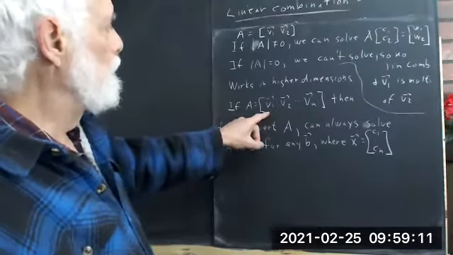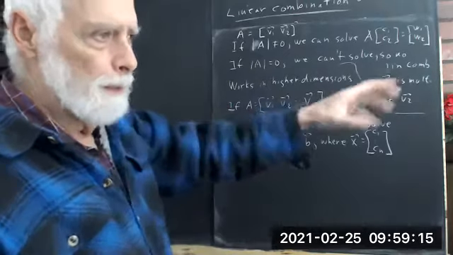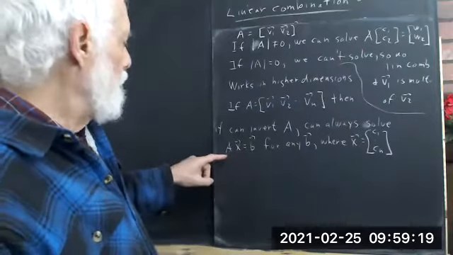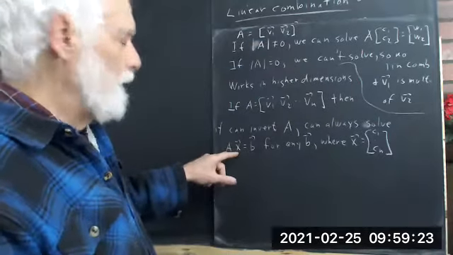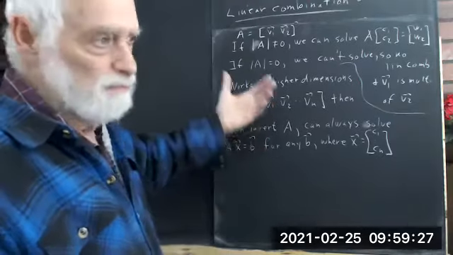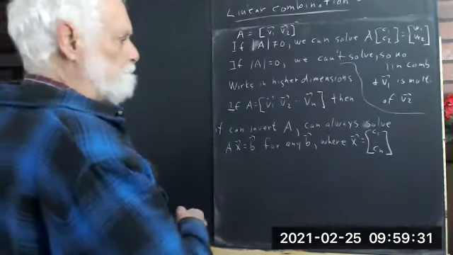We're trying to find a linear combination of V1 through Vn that equals some vector W. That gives us an equation: AX = B, where A is the matrix consisting of these columns, X is your C1 through Cn, and B is your W vector, if you like.